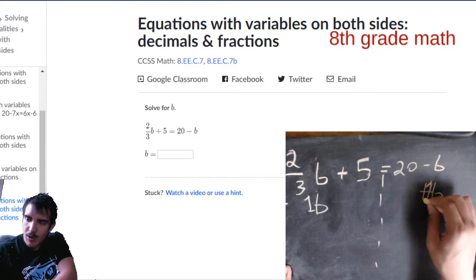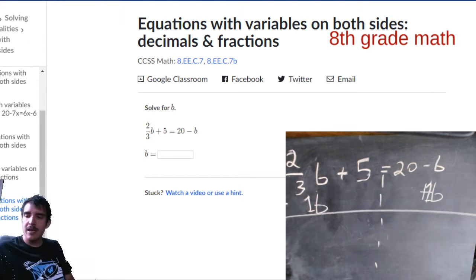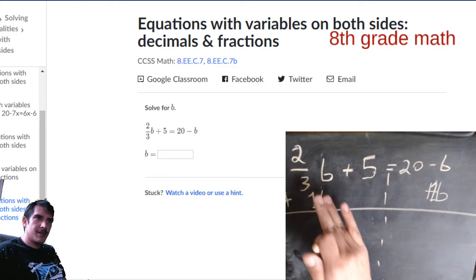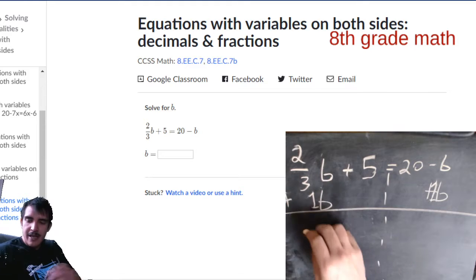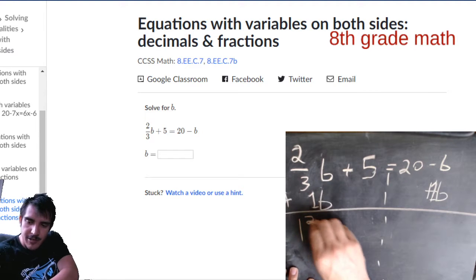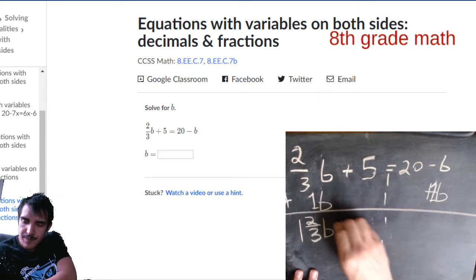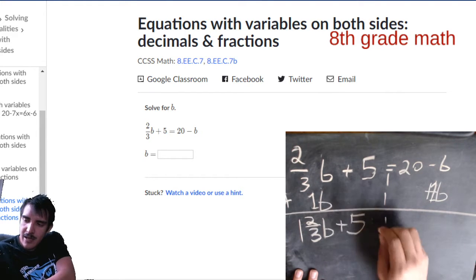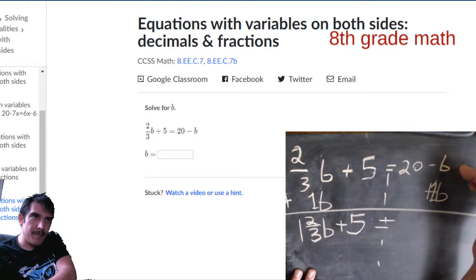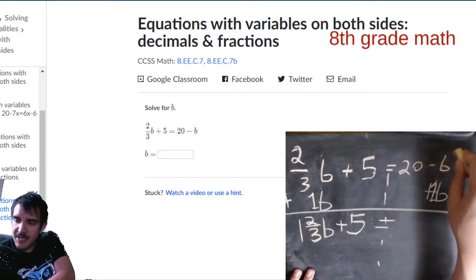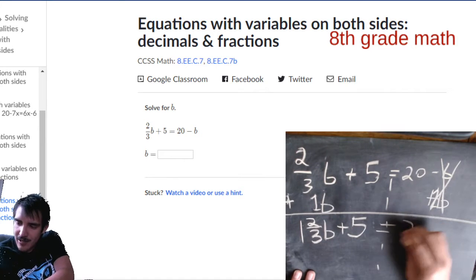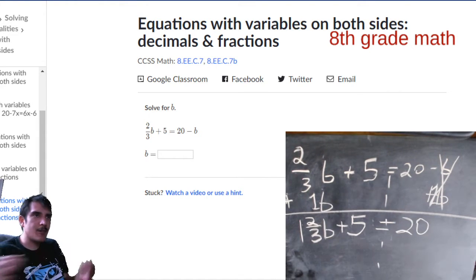So I'll put a little 1 there. Plus 1b, plus 1b. Let's do that math on each side. 2/3 b plus 1b, that's 1 2/3 b, plus 5. And then on this side, 1b minus 1b, these are opposites, so you cross that out, and you're left with simply 20.